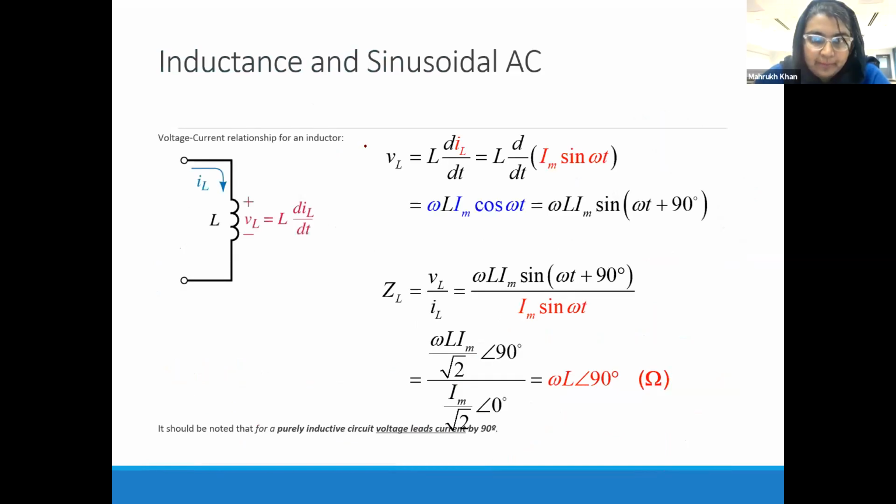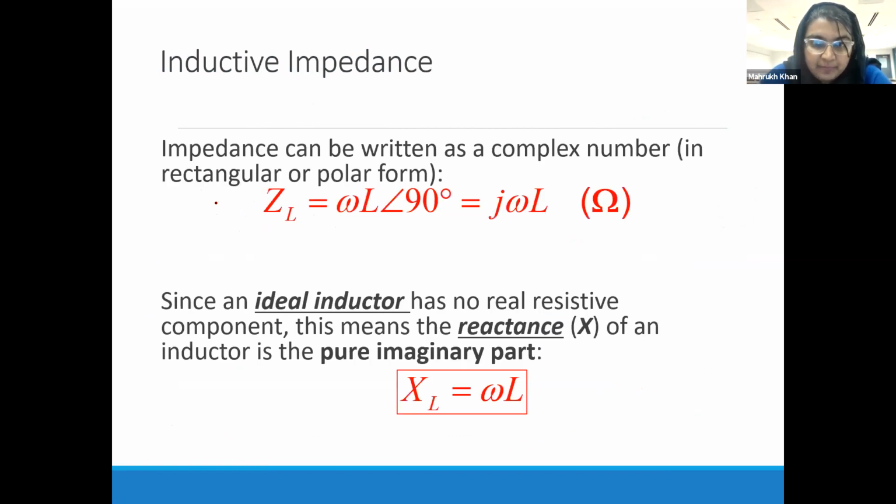Okay. Now there is the fun part. Now we have an inductor here. An inductor is not as simple as a resistor. An inductor is a different commodity. First I will tell you what an inductor's impedance is.